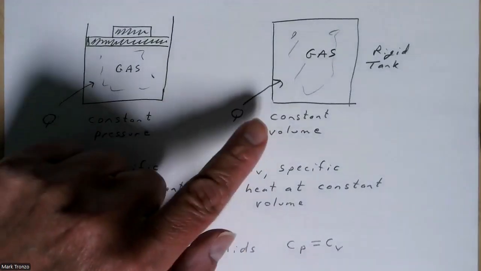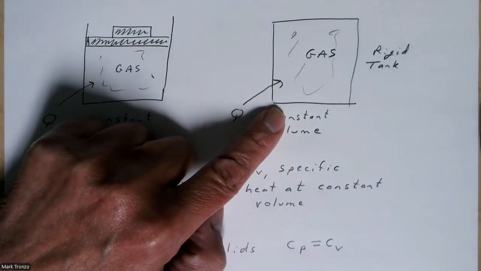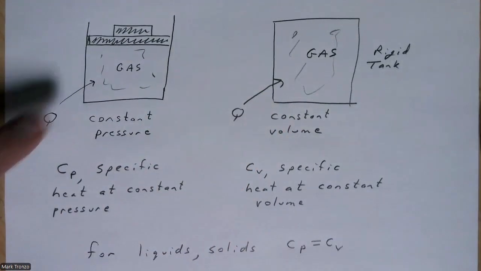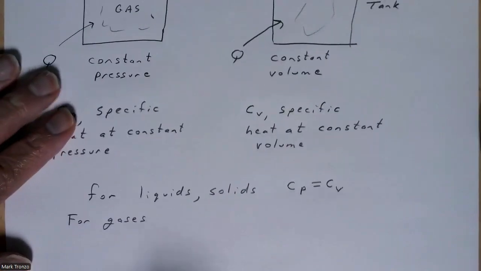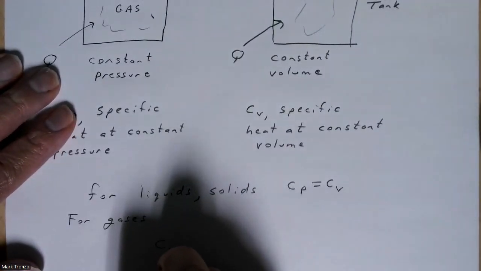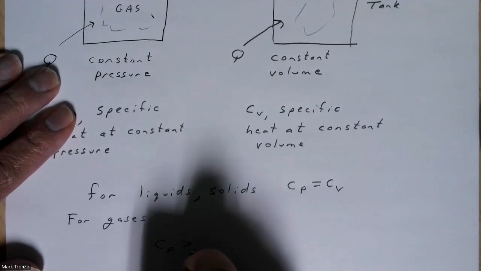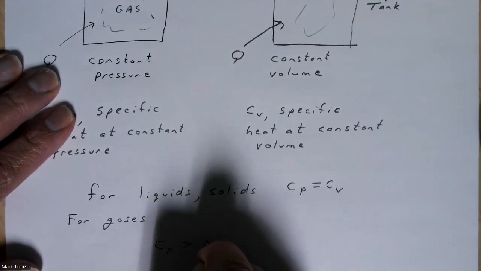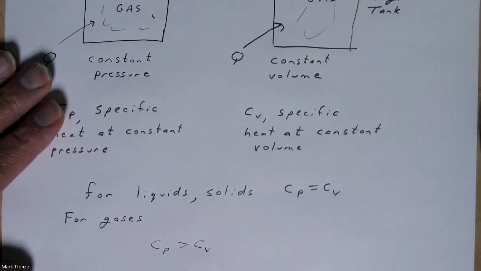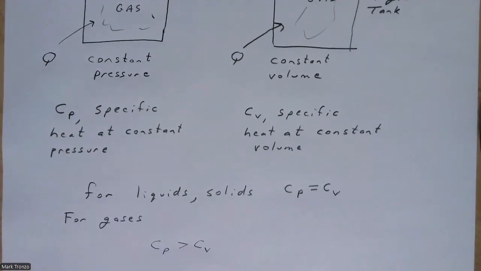So you need less heat here than here. For gases, C_P requires more heat to raise the temperature of 1 pound of the gas 1 degree than in the constant volume case.